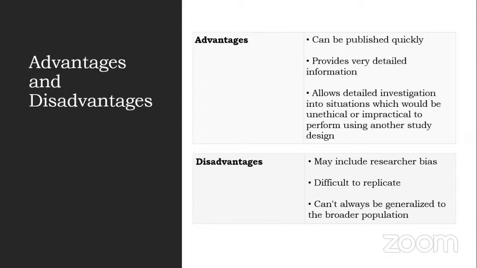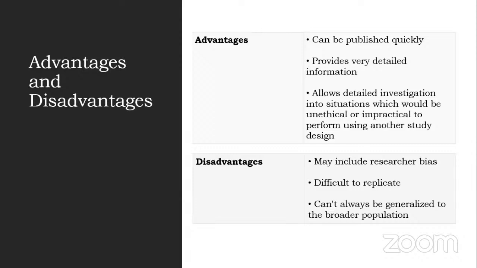All right, can't always be generalized to the broader population. Okay, this is another consequence of not being able to replicate the case study. We cannot really generalize case studies all the time. So case studies generally talk about the exceptional incidents which take place around us.